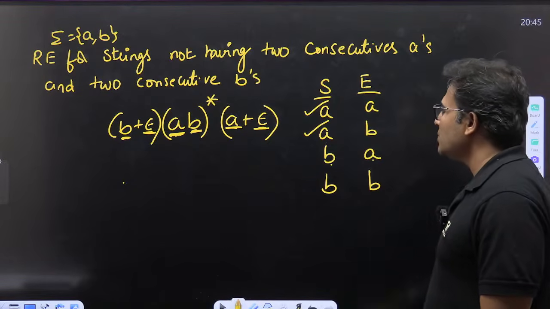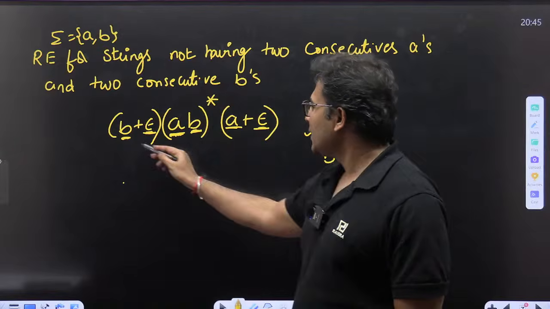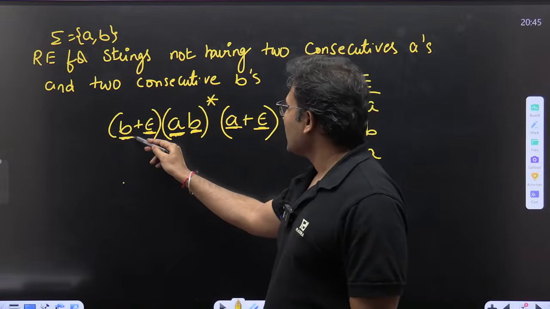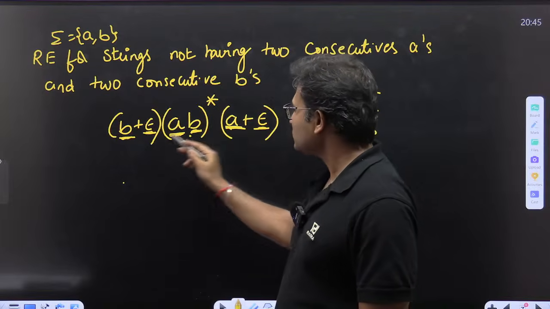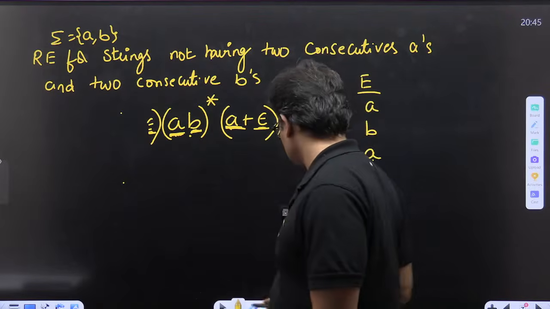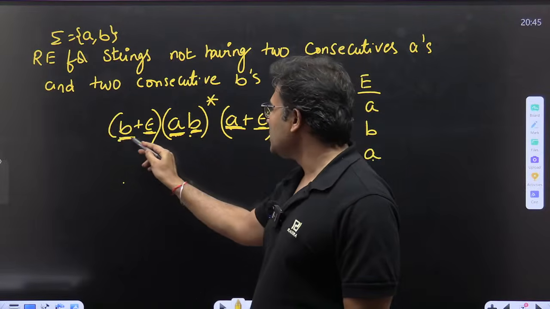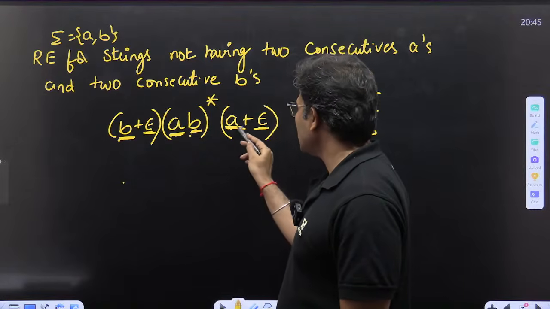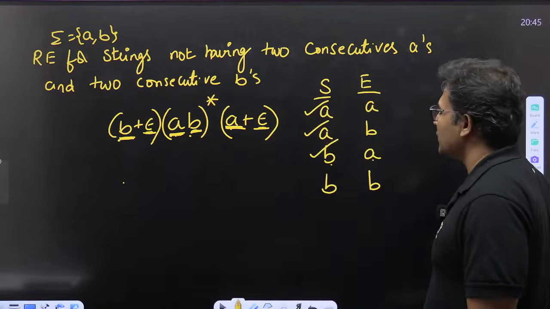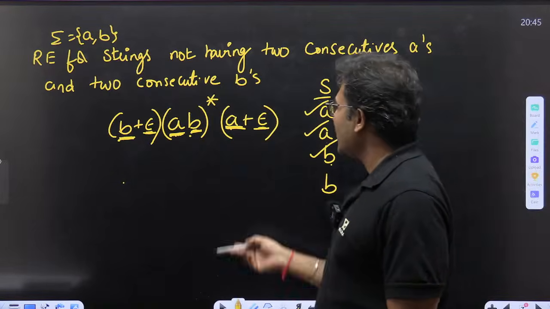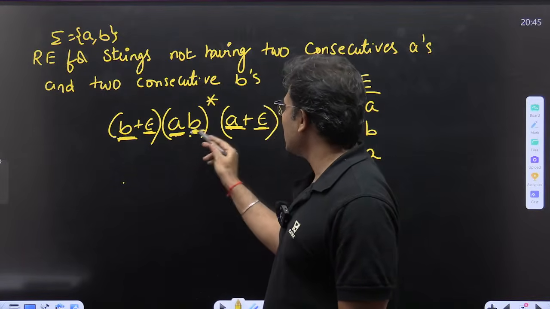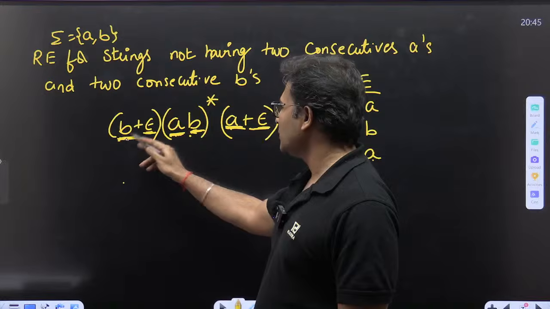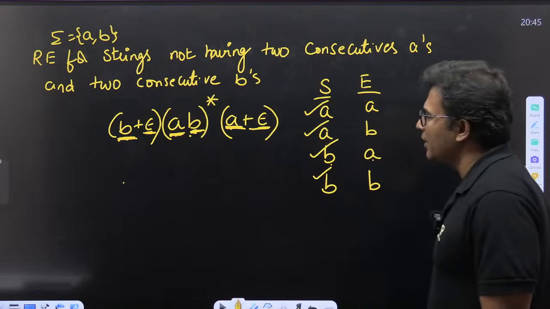Now start with B and end with A: I will take B and then A here. Now I can also start with B and end with B: I will take B here and B here and epsilon here. Then it will start with B and end with B. All the cases are covered, right?